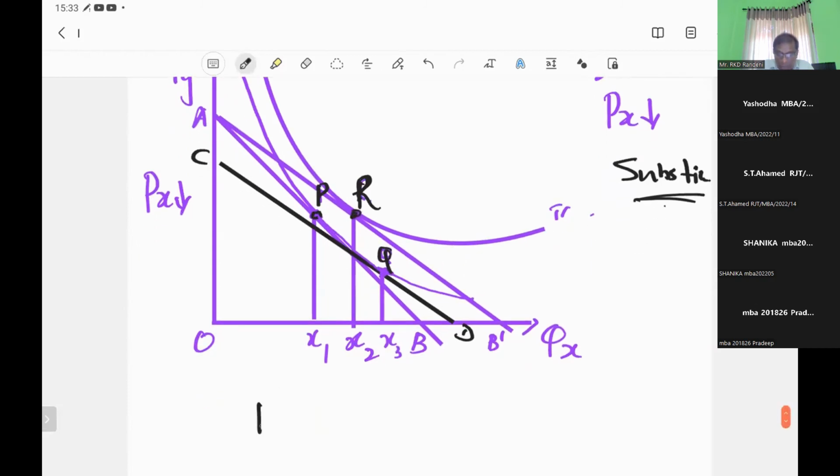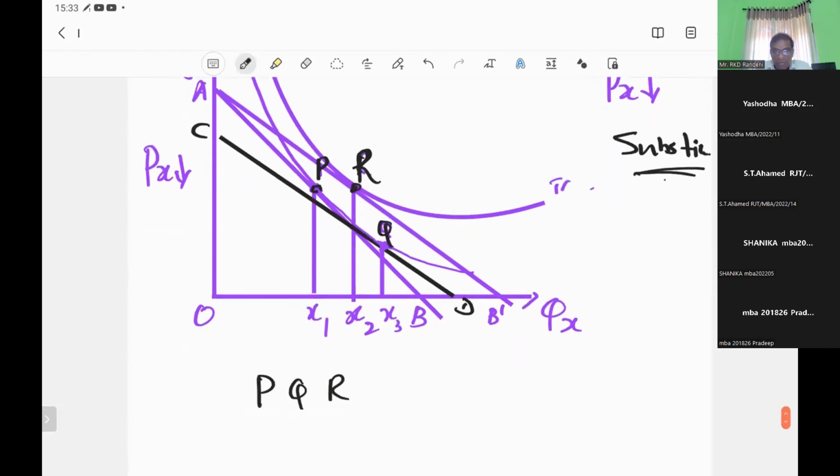Now according to the P, Q, R points, we use the same color. Indifference curve 1, this indifference curve 2. Now through the indifference curves, this is the substitution effect. P to Q is the substitution effect, X1 to X3.